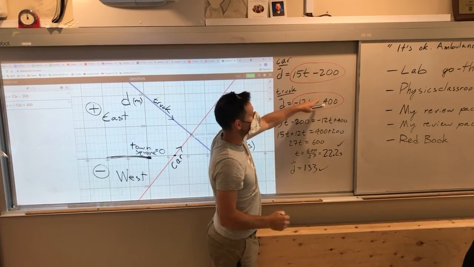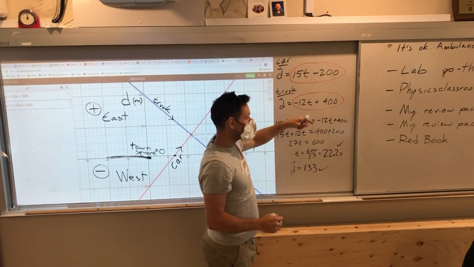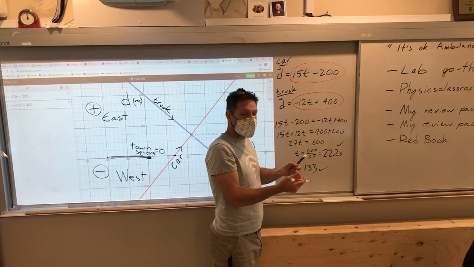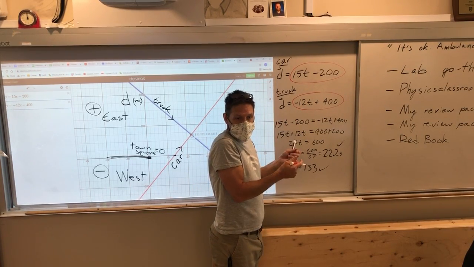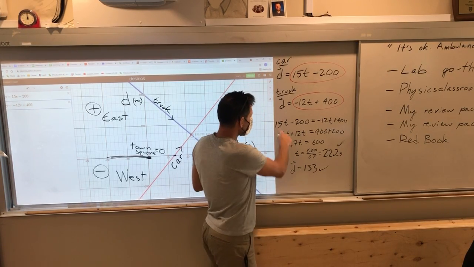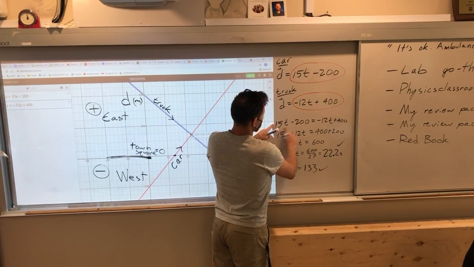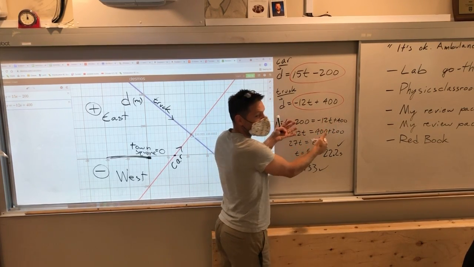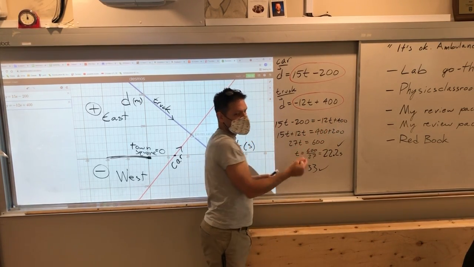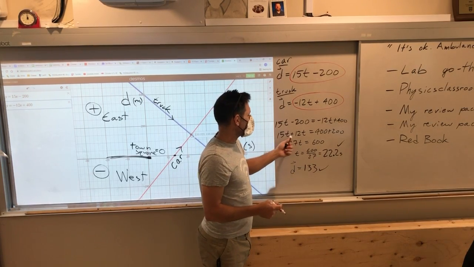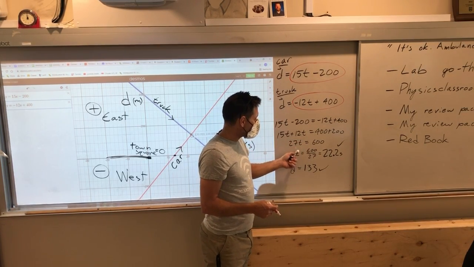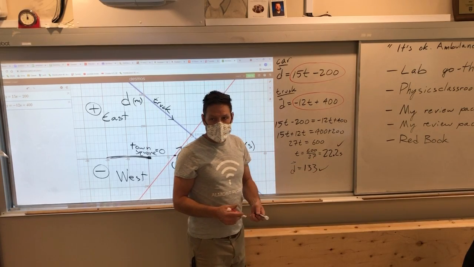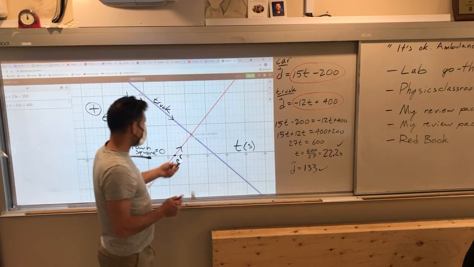So if you make these 2 things equal, you should be able to solve for the time when they are at the same place. And so you put this part of the equation for the car and this part of the equation for the truck, and you make them equal. And then you just solve, you guys know how to do this algebra, you just do the like terms, and you solve for t, and what you'll calculate is that it's 22.2 seconds. Same as what you see on the graph.